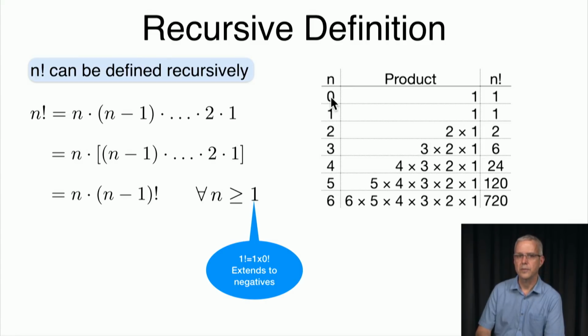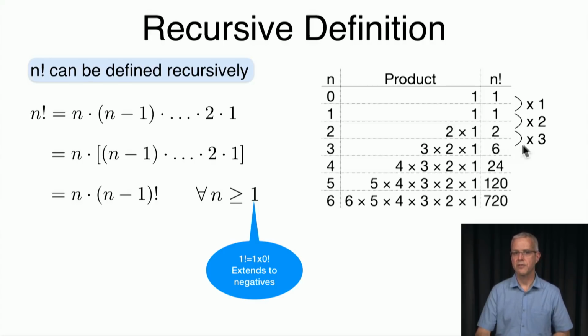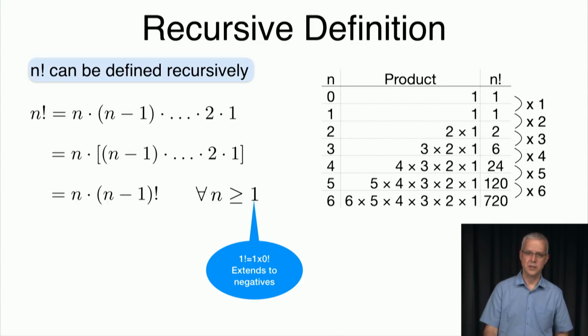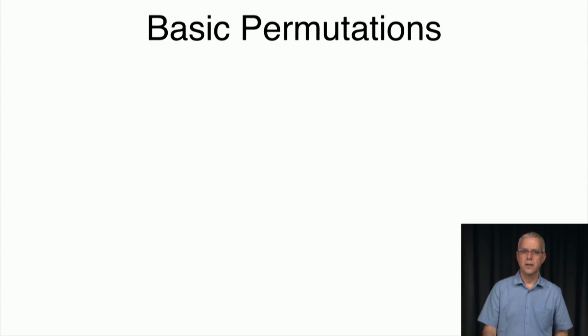So for 0, we get that n factorial is 1, and it's just 1 here. And if you want to get to 1 factorial, you multiply 1 by 1. If you want to get 2 factorial, you multiply by 2. 3 factorial, you multiply 2 factorial by 3. And to get 4 factorial, you take 3 factorial, which is 6, multiply by 4, then by 5, by 6, and so on. Okay.